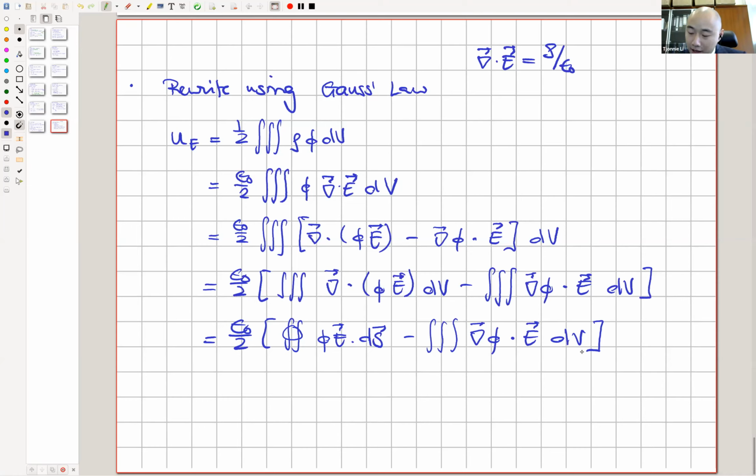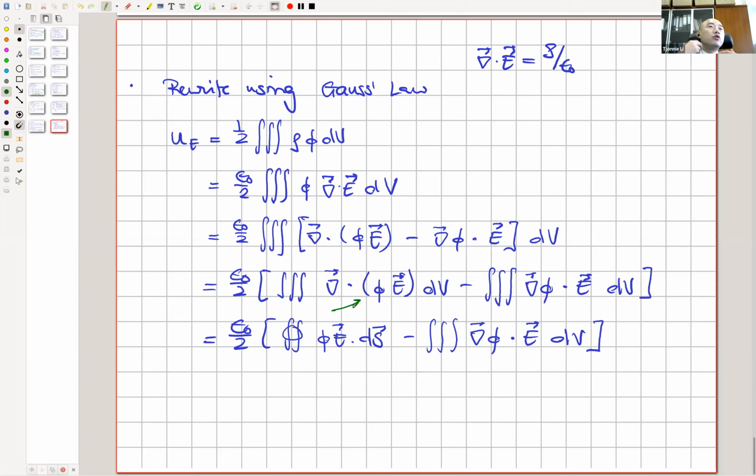And again, I can now look at this expression over here. If I look at the top one and this one, then in principle I can evaluate this all the way out to any volume that I wish, as long as the fields vanish at infinity.